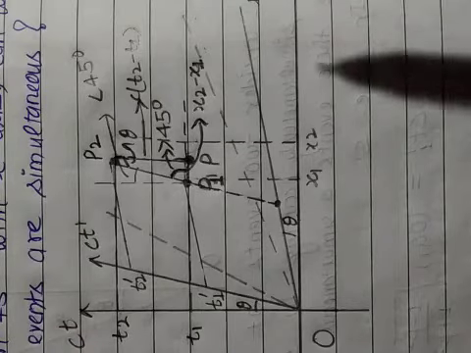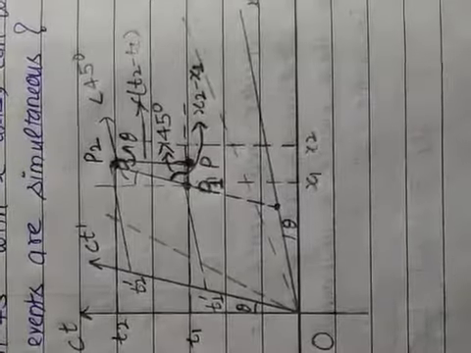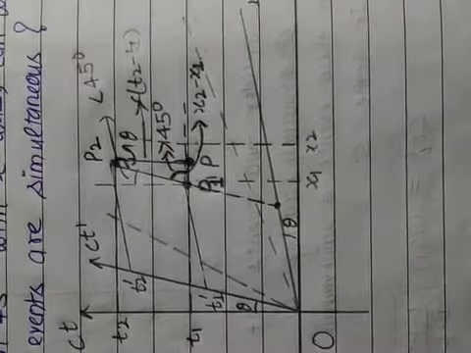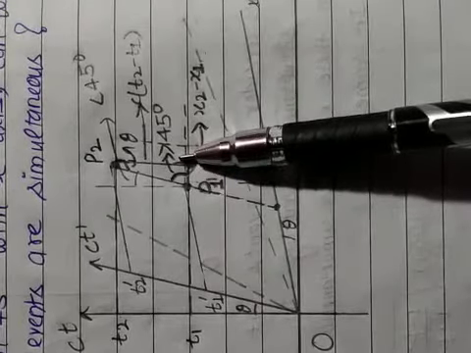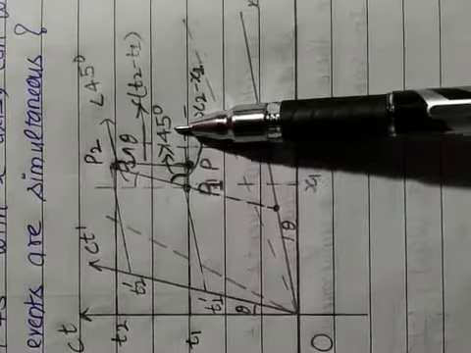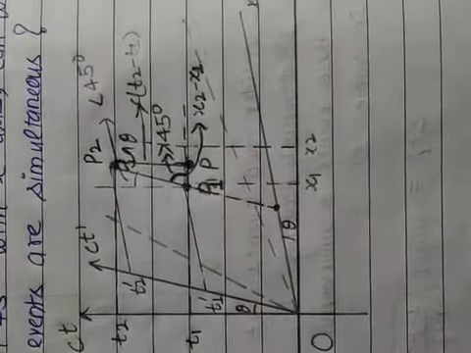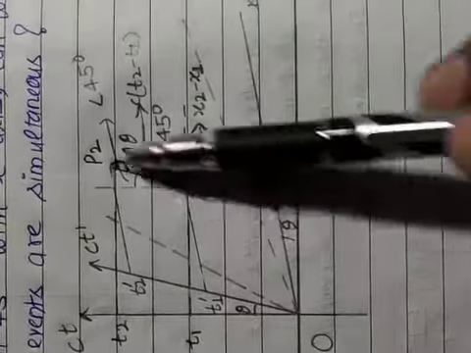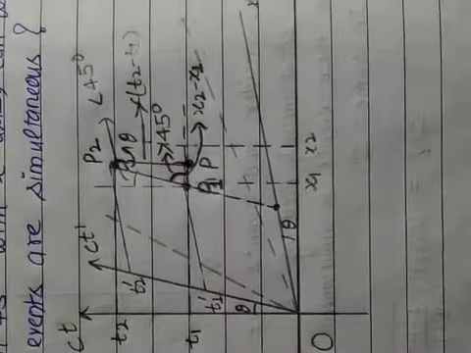So the slope of P1 P2 is greater than 1, and when the slope of P1 P2 is greater than 45 degrees, then there is no frame in which these two events occurring at these two different points P1 P2 are simultaneous.